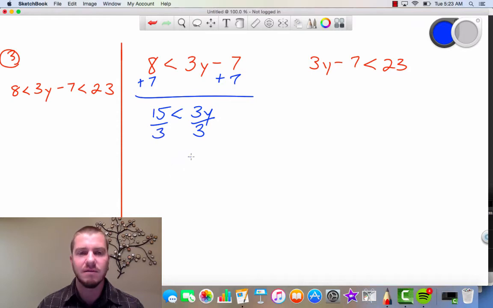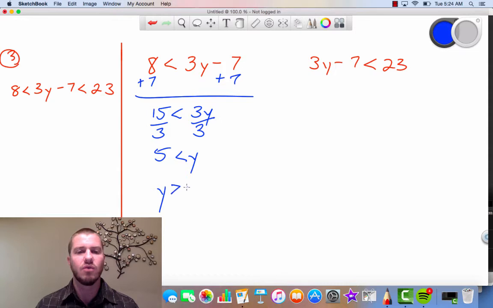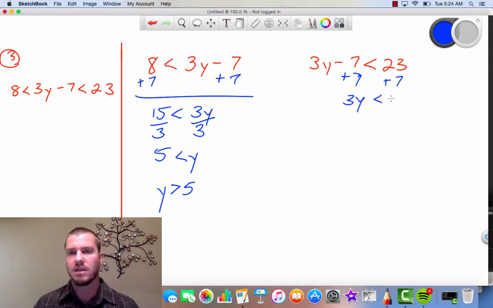It's a positive, so I'm not going to change the sign. 15 divided by 3 is 5. And I'm going to change it to where the variable is on the left side. So y is greater than 5. And over here, add 7. 3y is less than 30, divide by 3. Y is less than 10.